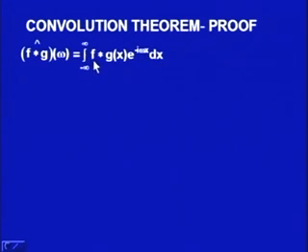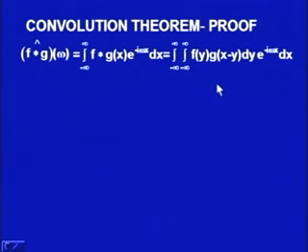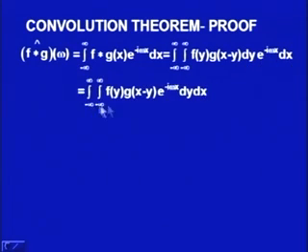Now let us write f star g at x as another integral: the integral from minus infinity to plus infinity of f(y) g(x minus y) dy, times e to the power minus i omega x dx. Let us write this as a double integral, each from minus infinity to plus infinity, of f(y) g(x minus y) e to the power minus i omega x dy dx.